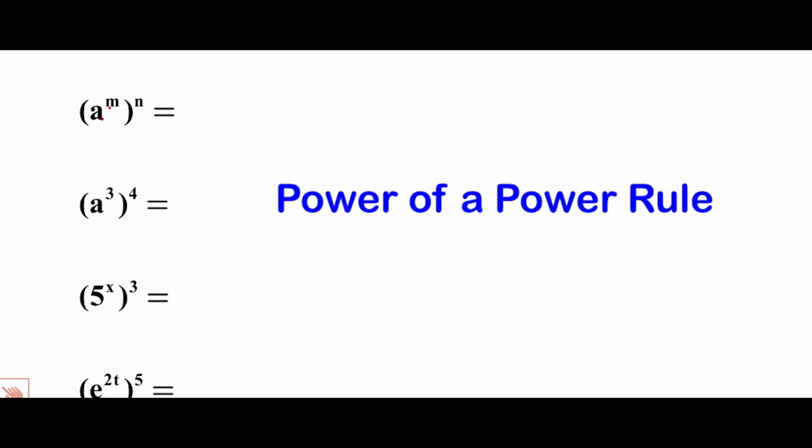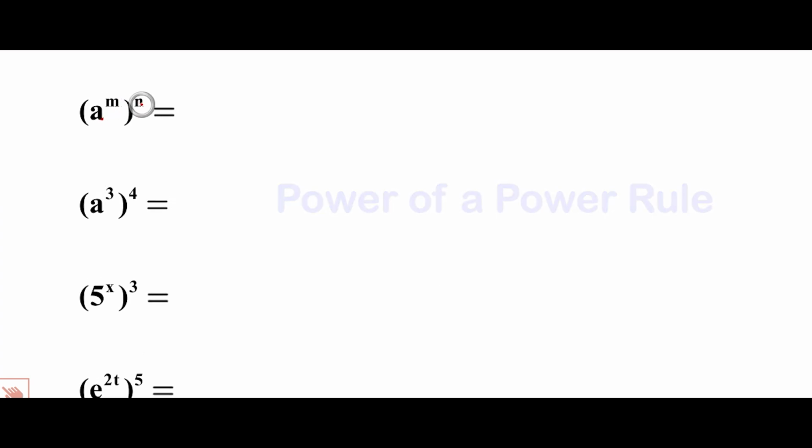Number 3. Power of a power rule. A to the power of m, to the power of n, equals a to the power of m times n. It means when a power is raised to another power, we multiply the exponents. For example, a to the power of 3, to the power of 4, equals a to the power of 3 times 4, which is 12.